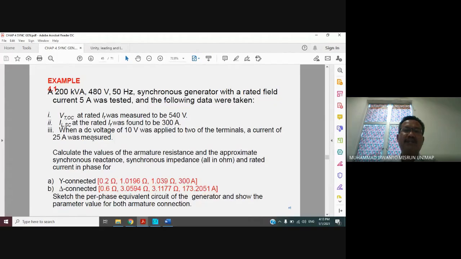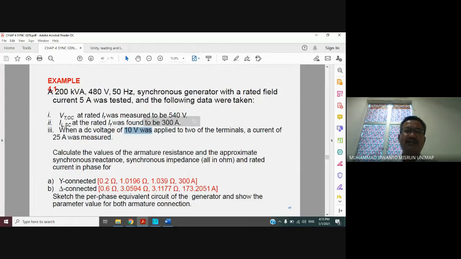Ya, this one is the open circuit test, this one the short circuit test, and this one the DC test. In the DC test, 10 volts is applied to the rotor and the current is measured. The DC current measured is 25 amperes.